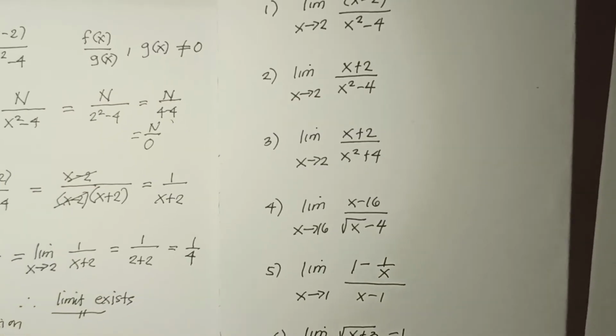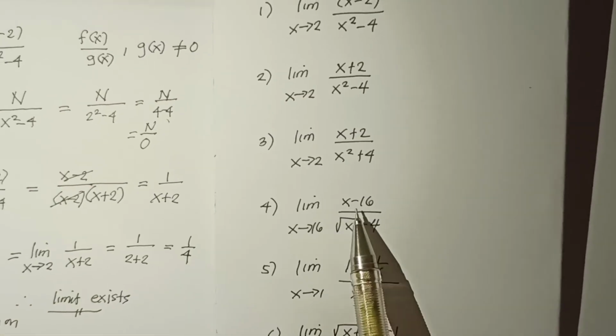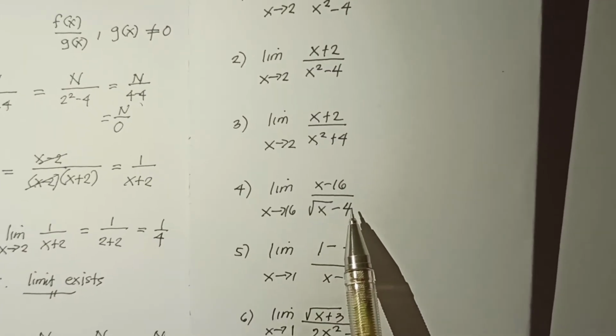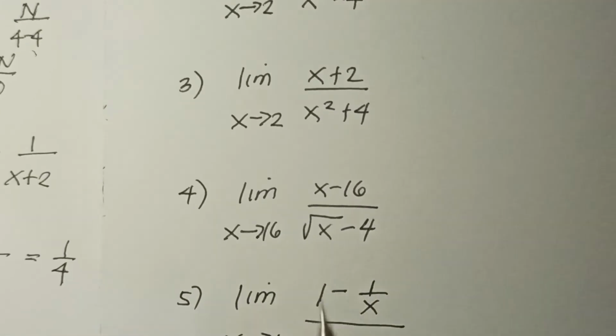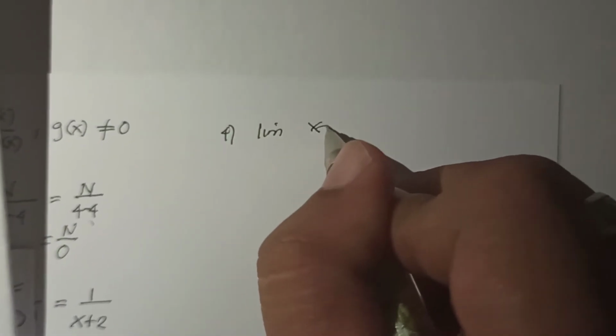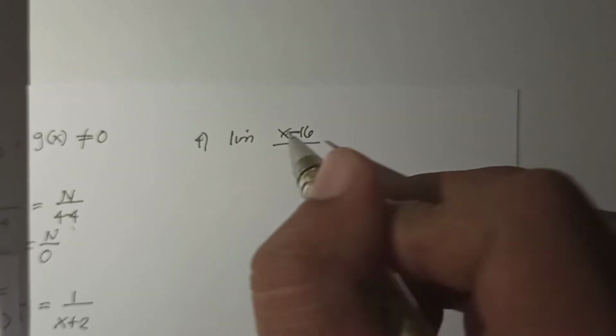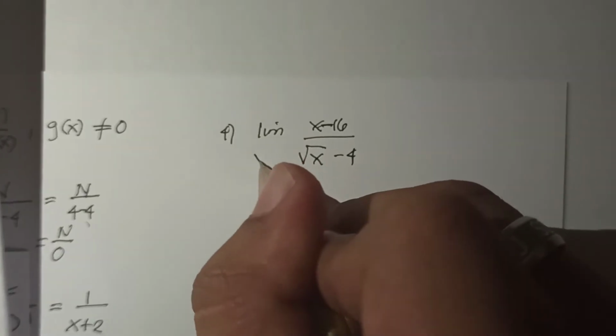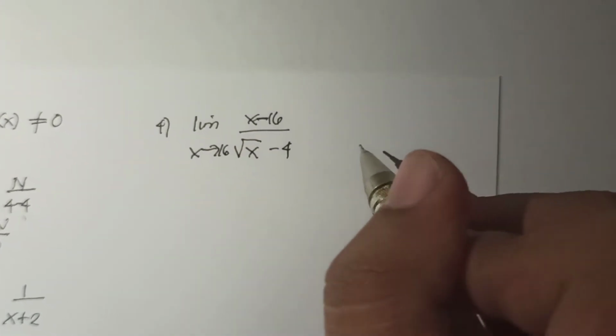In number 4, this is our number 4 problem, limit of x minus 16 over the square root of x minus 4 as x approaches 16. We will rewrite this problem. So here, this is number 4, limit of x minus 16 over the square root of x minus 4 as x approaches 16.